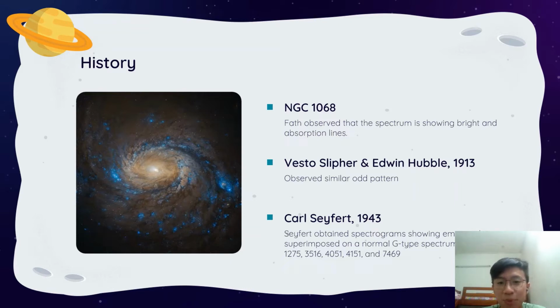Similarly, the spectrum of NGC 1068 was seen by Vesto Slipher and Edwin Hubble in 1913 at Lowell Observatory. Later in 1943, Carl Seyfert identified 6 galaxies with strong and broad emission lines coming from a compact, bright nucleus, and now we call those Seyfert galaxies.